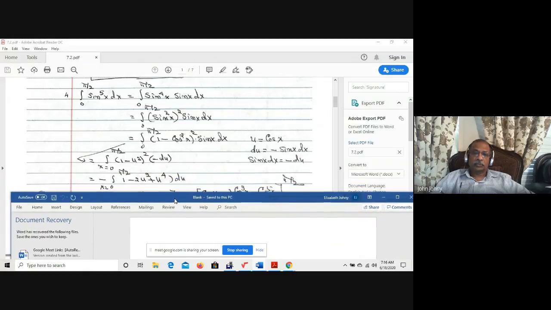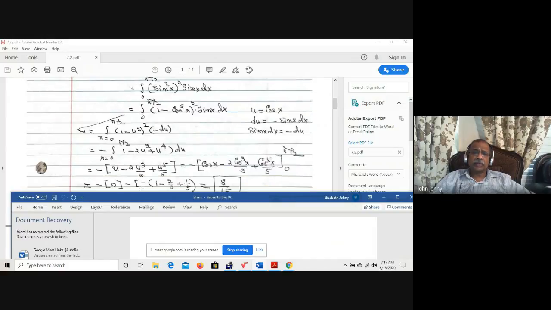First I pulled out that negative sign, and then 1 minus u square the whole square is 1 minus 2u square plus u to the 4. If you do not remember the formula, you FOIL 1 minus u square with 1 minus u square, and then combine like terms, you get 1 minus 2u square plus u to the 4 du.